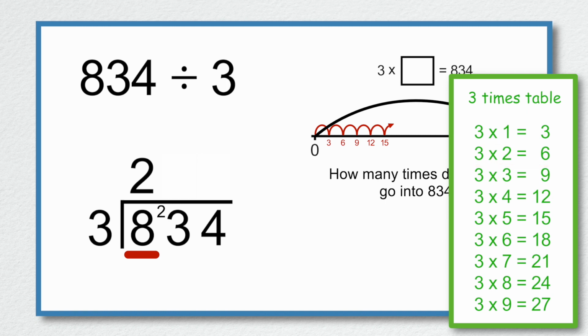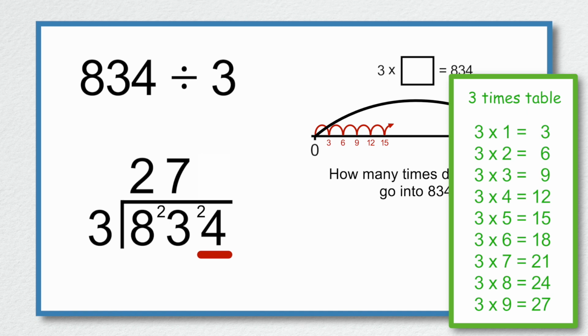We now think of this number here as 23, and we're going to divide this 23 by 3. Well, 3 goes into 23 7 times. 7 3s are 21, and there's a remainder of 2. So we write the 7 down on the top line in the tens column above the 3, and we write the remainder next to the digit 4, and that's 4 units.